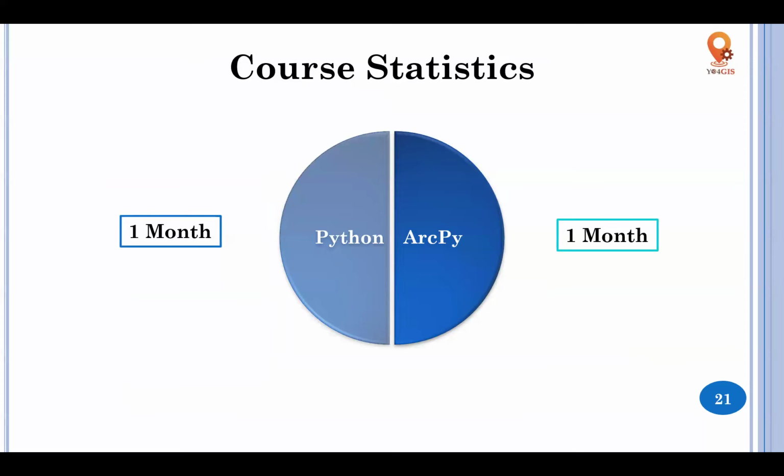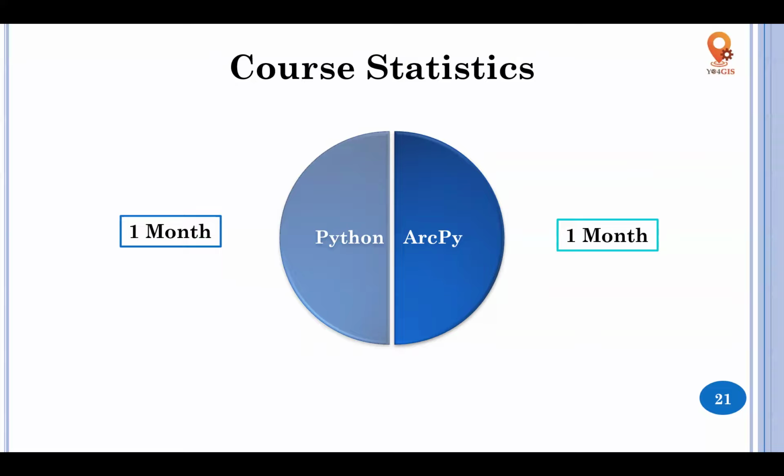So this course is basically divided into two parts. The first part is complete Python, starting from scratch. And after completion of Python, we will start ArcPy. Ideally, it will take 2 months, but most probably it is not going to complete in 2 months.